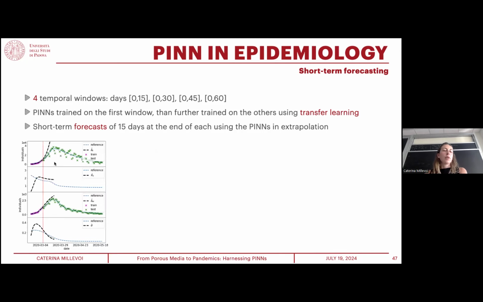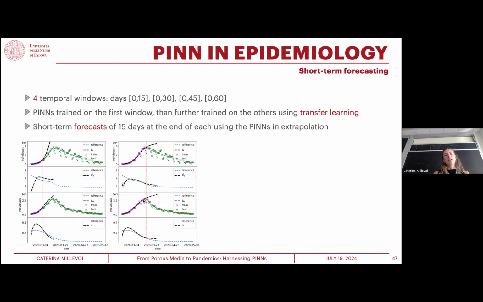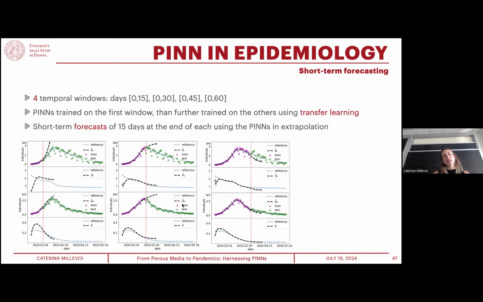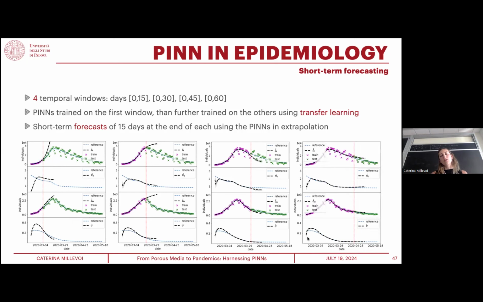So we took the first window, we train only on the magenta data, and then we use our neural network to extrapolate in the future. We did it again for the second window, and again the extrapolation, and so on for the third and the fourth window.